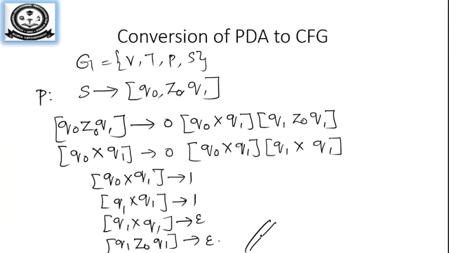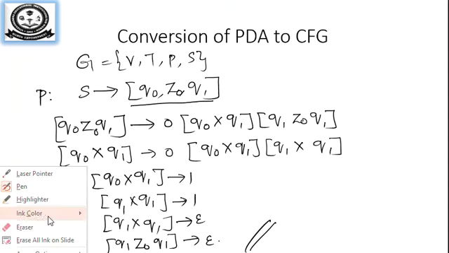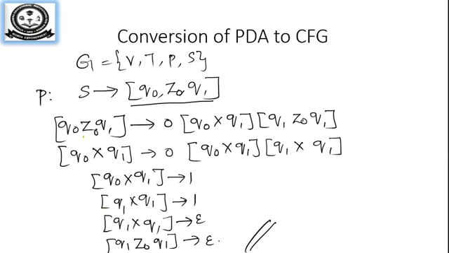If you want, you can see here, we can minimize it. How to minimize: the start symbol is q0 z0 q1, so I will have a color over here. You can see it is containing this one.